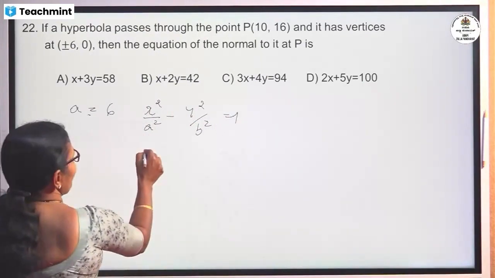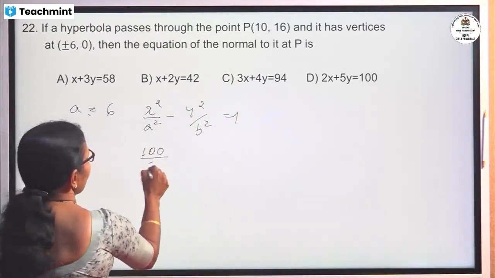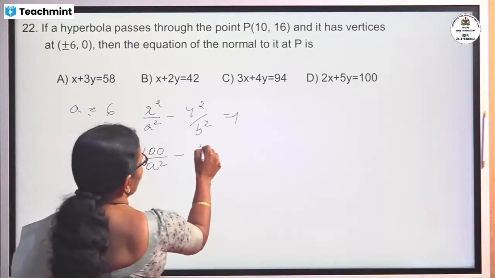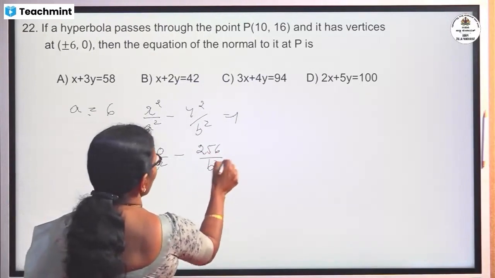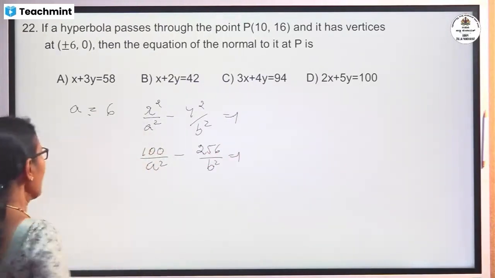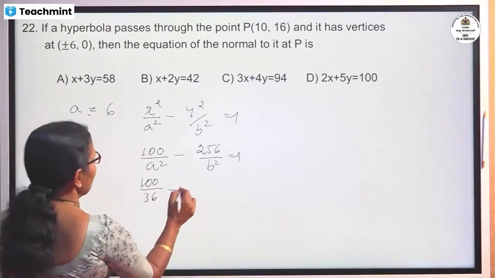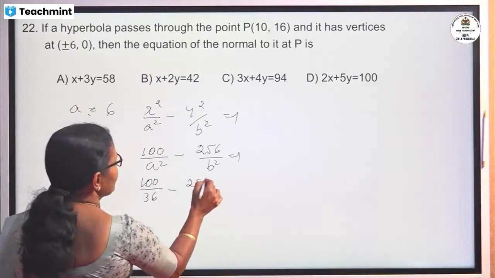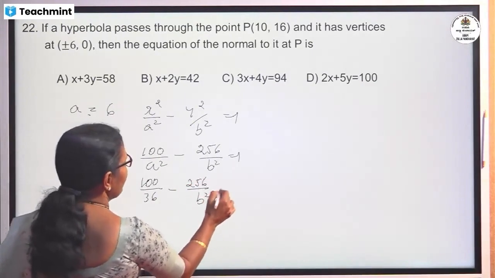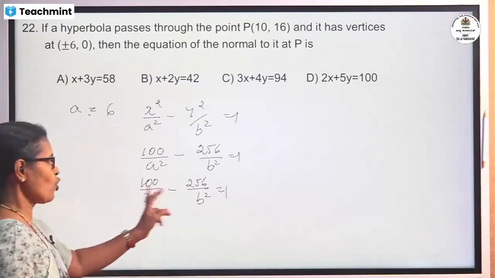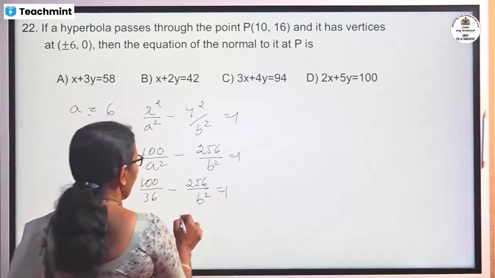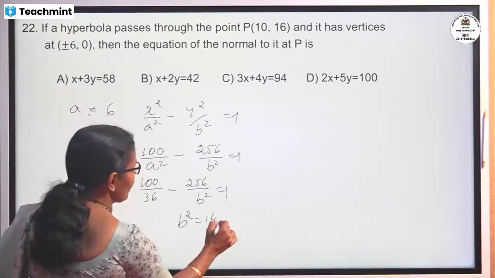Then 100 divided by a square minus 256 divided by b square is equal to 1. Now 100 divided by 36 minus 256 divided by b square is equal to 1. When we solve this, we get b square is equal to 144.